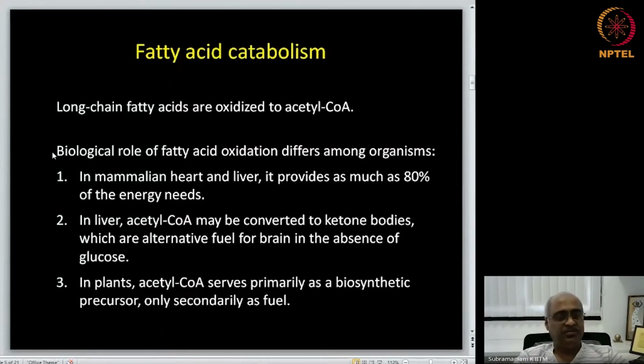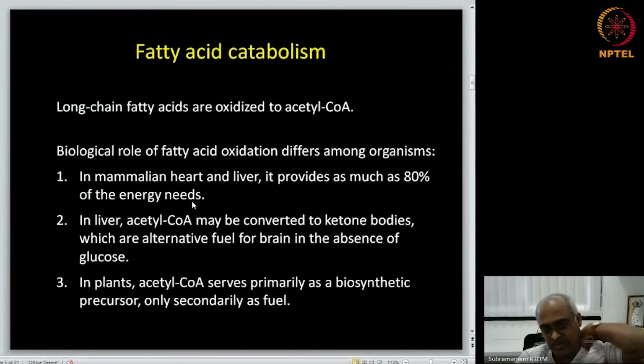The first important point here is that fatty acid oxidation differs among organisms, and it even differs in an organism from organ to organ. For example, in mammals, in heart and liver, 80% of the energy comes from fatty acids, primarily from stored lipids. But you never want more than 30% of energy source coming from fat.